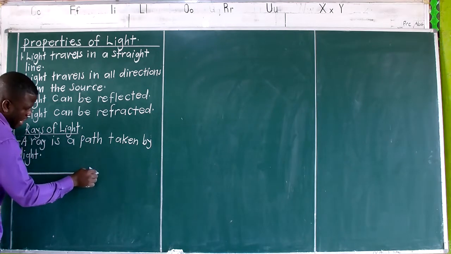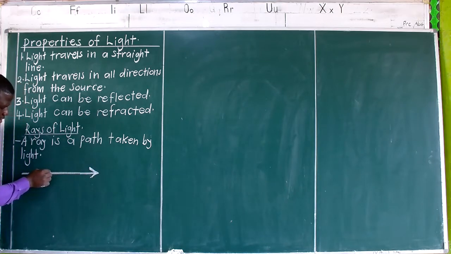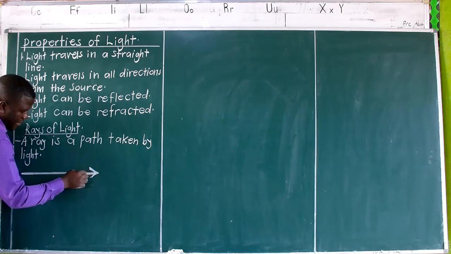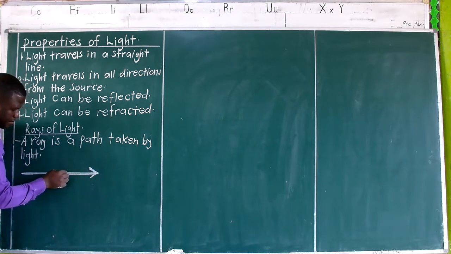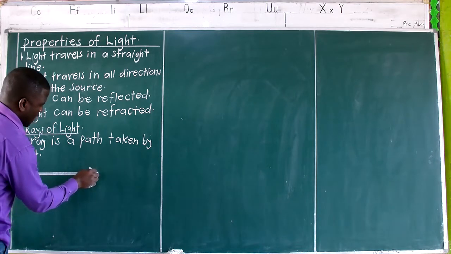So you say a ray is a path taken by light. So that is a ray of light.